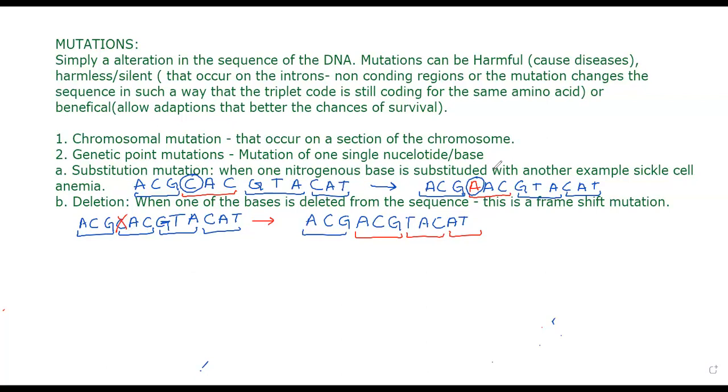That's it. In deletion, this is known as a frame shift mutation because the entire sequence has shifted. Why has it shifted? Because I've actually removed a whole nucleotide from the middle. This is deletion, and this is the question that we were going over.